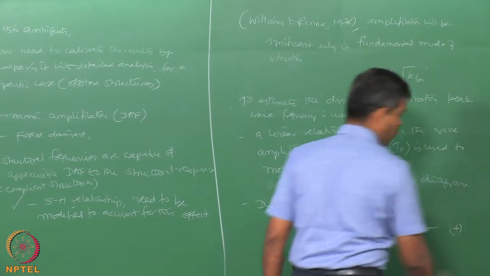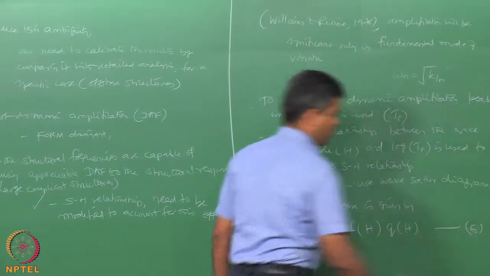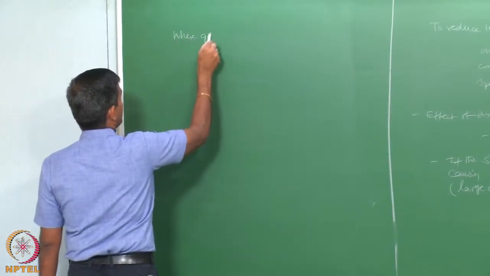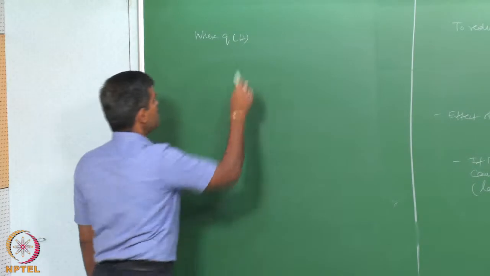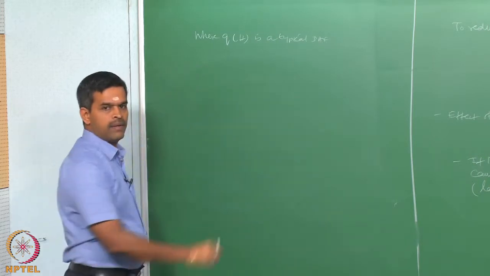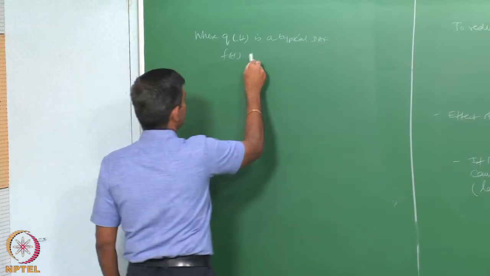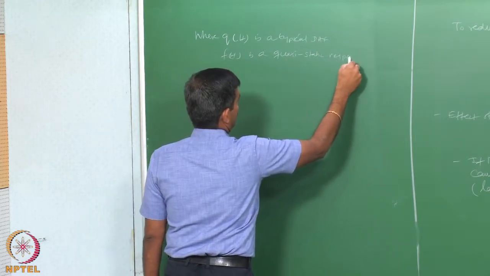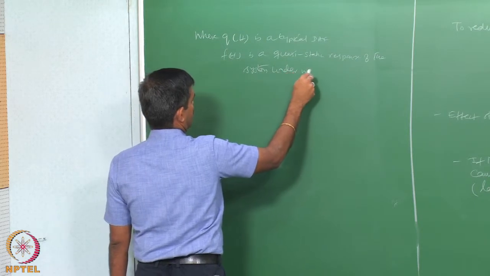Equation number 6, I mean this will be equation number 6, already we have equation number 4 and 5, so equation 6, where Q of H is a typical dynamic amplification factor and F of H is a quasi static response of the system under wave loads.